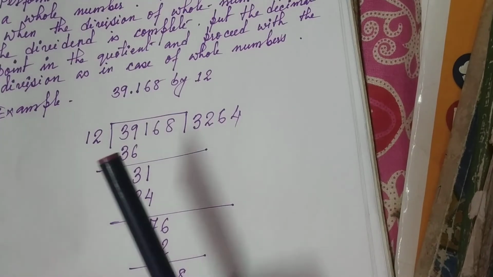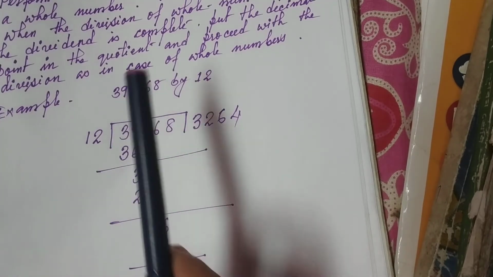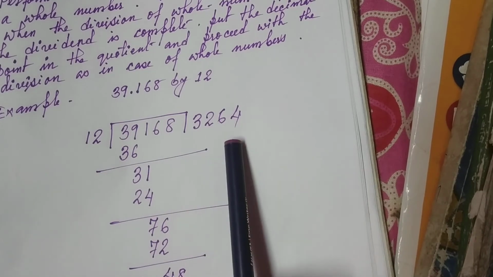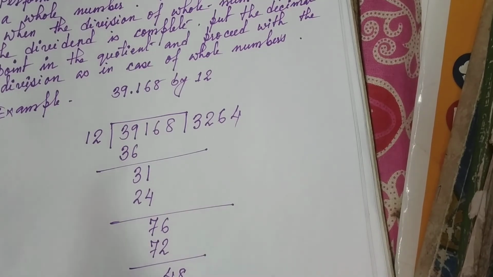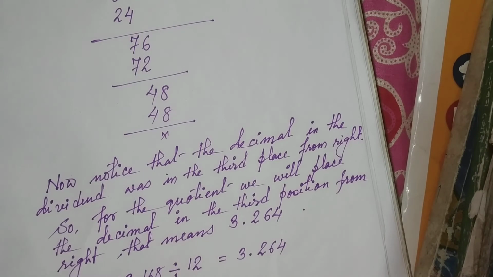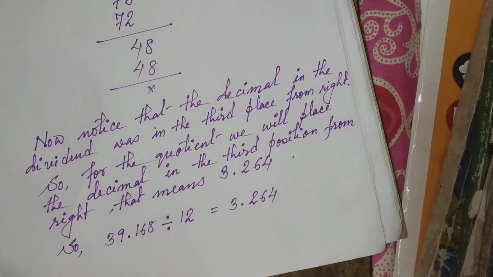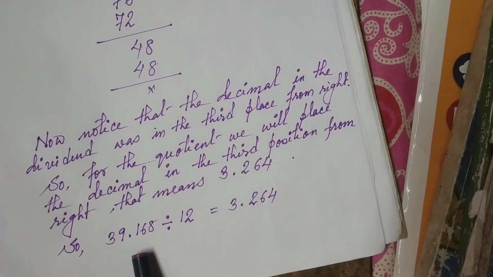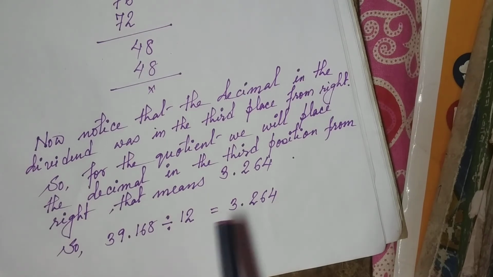It was in the third position from the right hand side, and simply we have to do the same for the quotient also. So, the number will change into 3.264. So, the final answer you can see here, 39.168 divided by 12 will give the result 3.264.